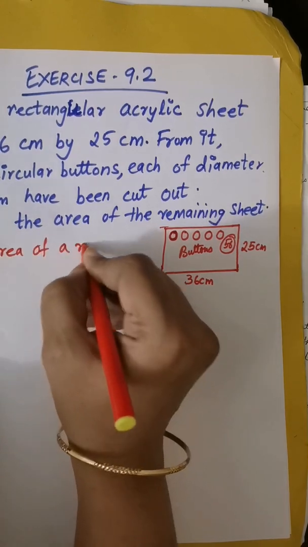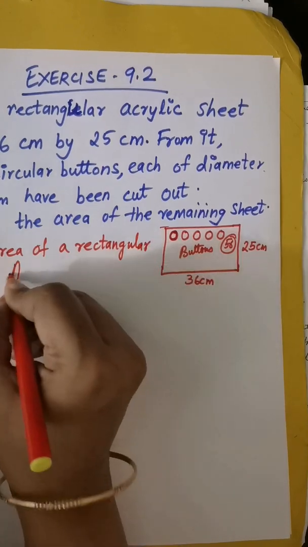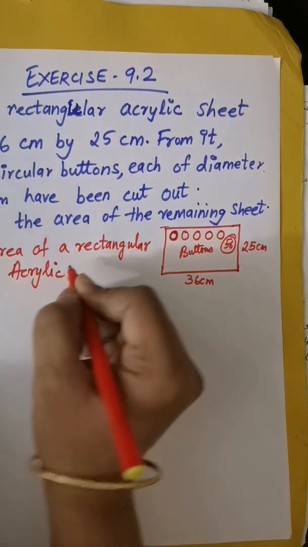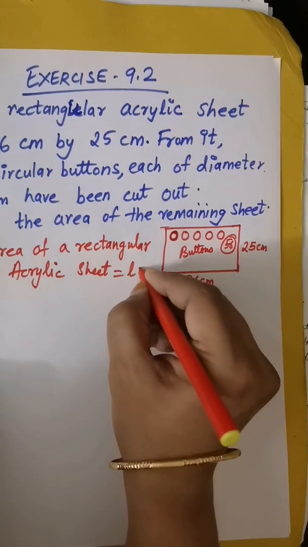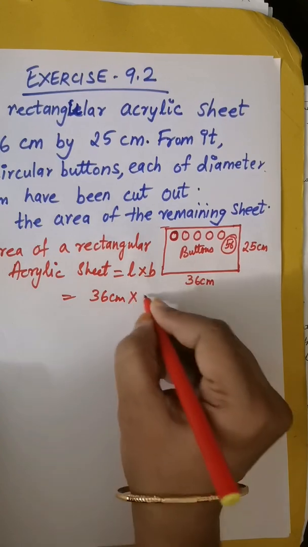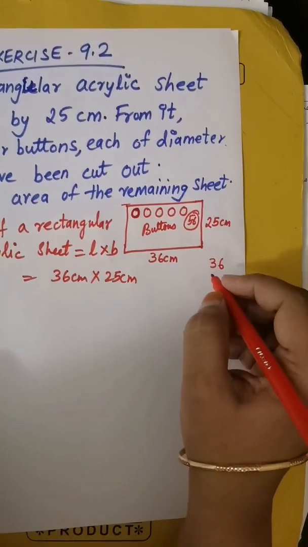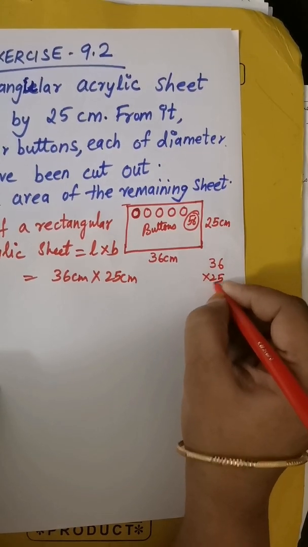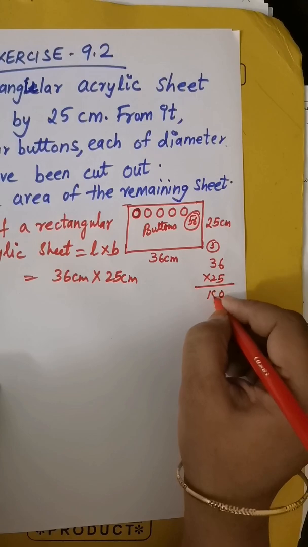Area of a rectangular acrylic sheet. What is the area of a rectangle? Length into breadth. 36 centimeter into 25 centimeter. 36 into 25. 5 6s are 30. 5 3s are 15, 18.